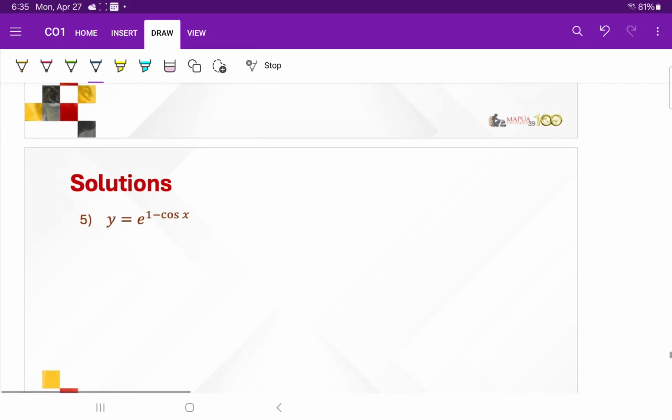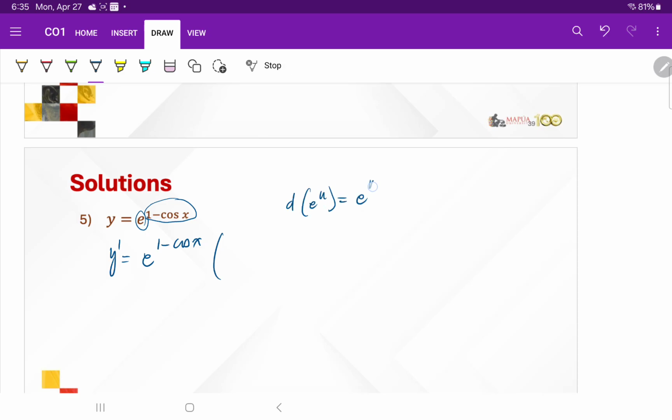Okay, for number 5, what's y prime? So we use here e to the u. And the derivative is what? E to the u times the derivative of u. Derivative of e to the u is e to the u du dx. Alright? So e to the u times the derivative of u. This is your u.